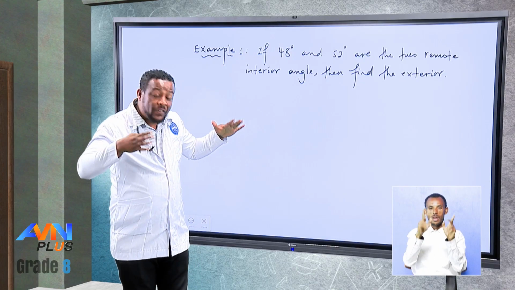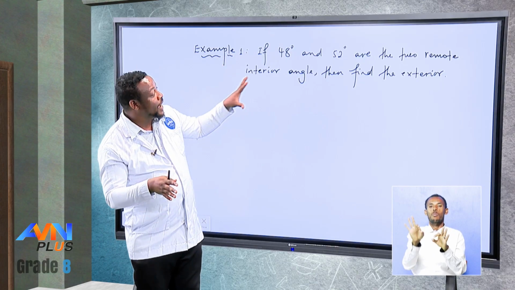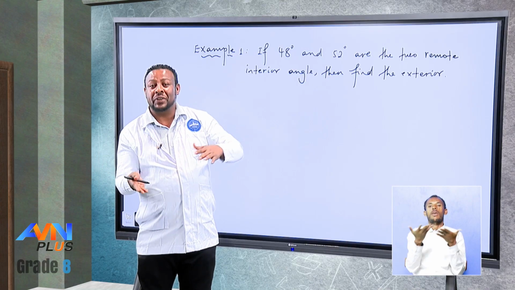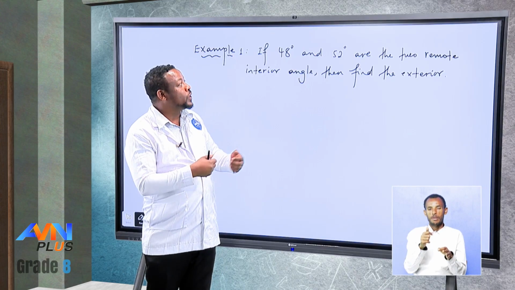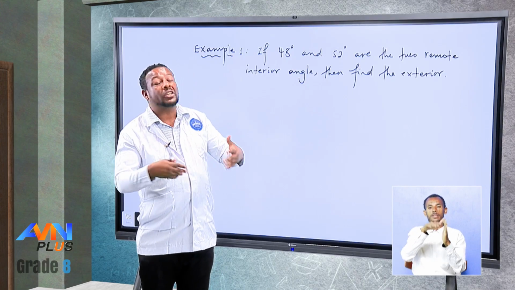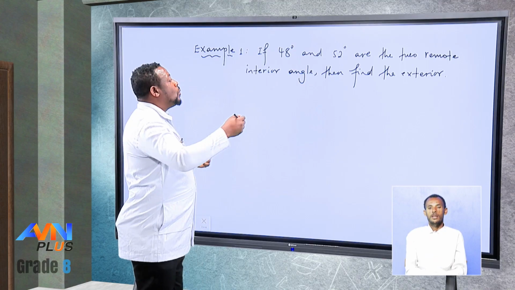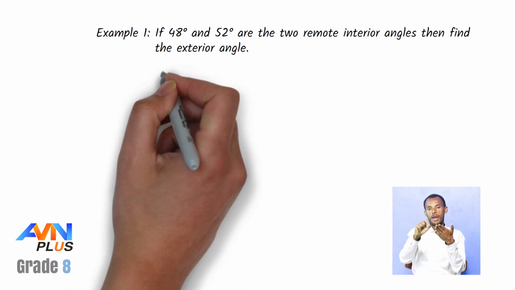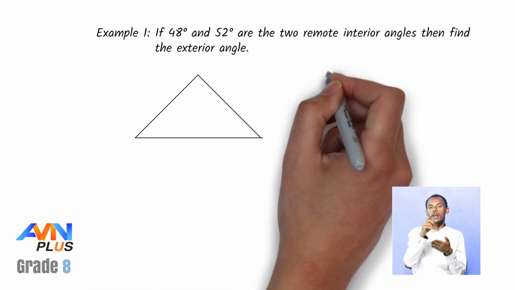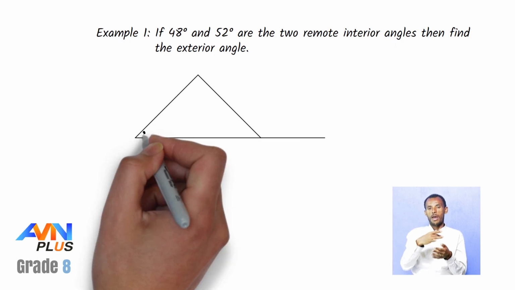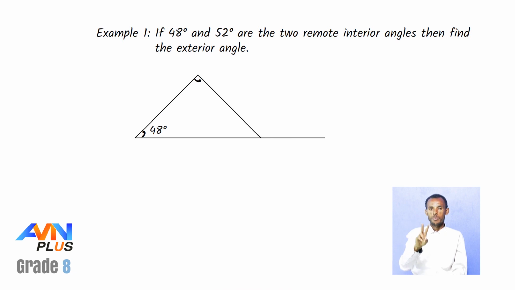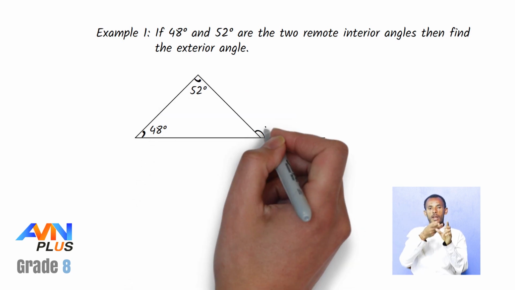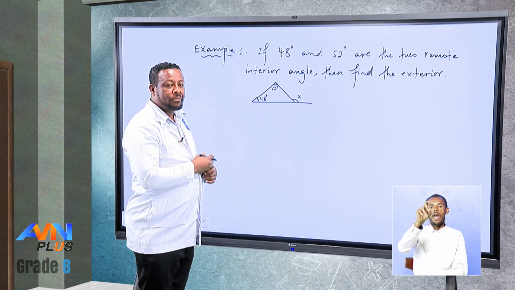Okay, so the first thing you need to do is put this thing geometrically. It's not necessary, but you can represent this thing geometrically. So whenever you write this, you can write like this one is 48 and this is 52, because these are the two remote interior angles, and this angle is X here, right?